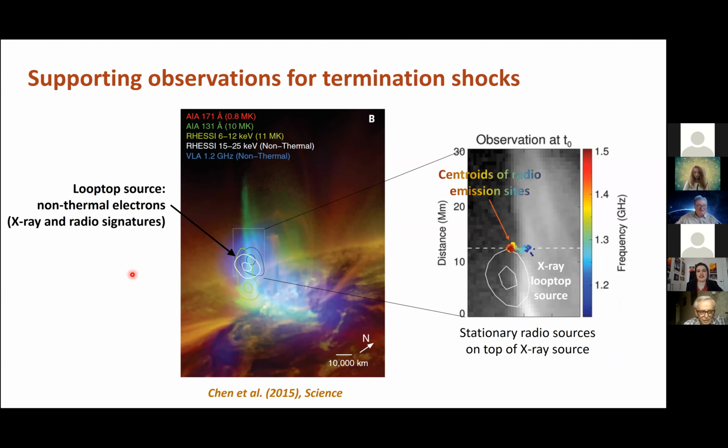A study from Shen et al. looked at the radio and X-ray emission of a looptop source in a flare a few years ago, and showed that the centroids of the radio emission sites were really stationary for some time and located exactly at the top of the X-ray source in the corona. And this was interpreted as energetic electrons that were accelerated at a shock.